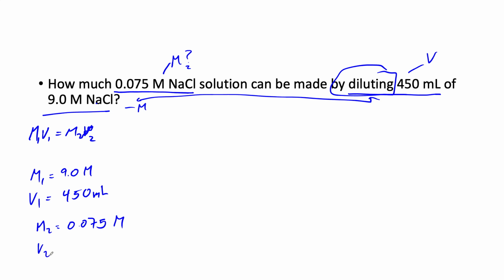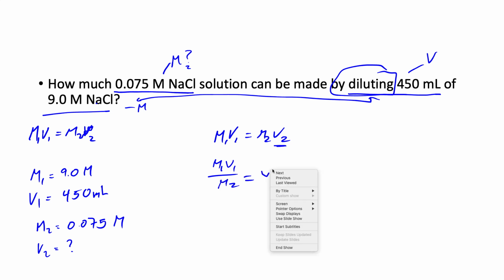Now V2 is what we're looking for. We don't have another volume. So M1 V1 is equal to M2 V2. We're looking for V2, so M1 V1 divided by M2 is equal to V2. With this equation, all we do is divide both sides by M2 to isolate V2.